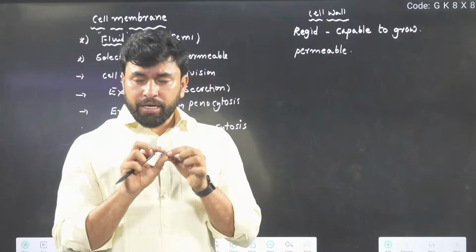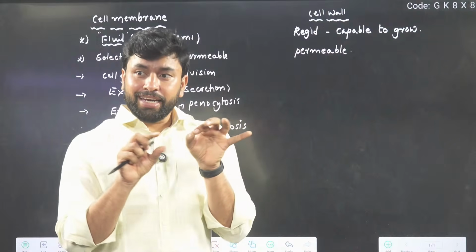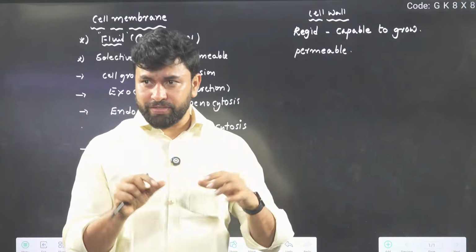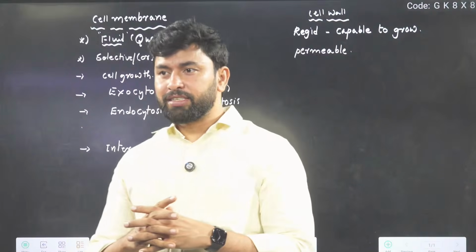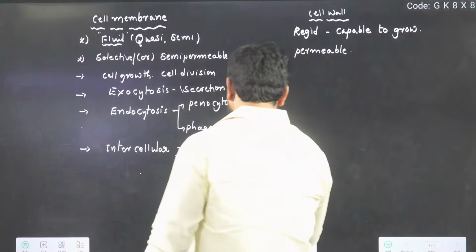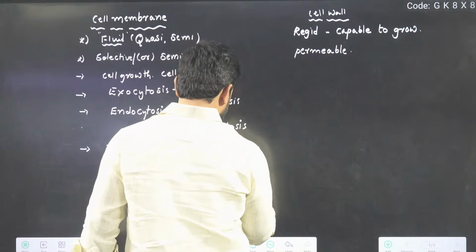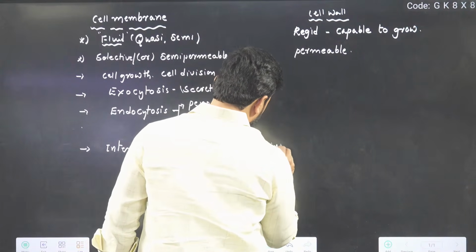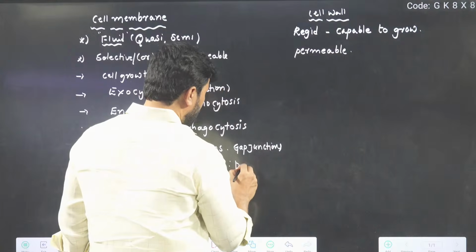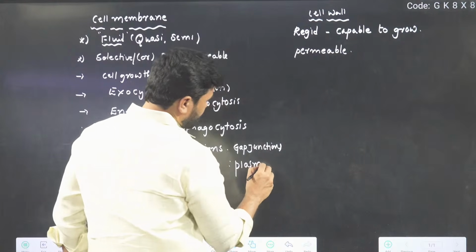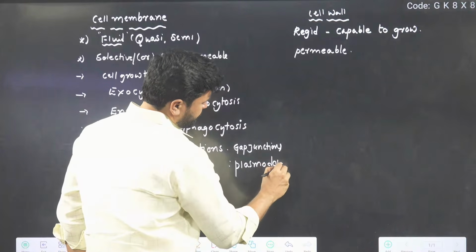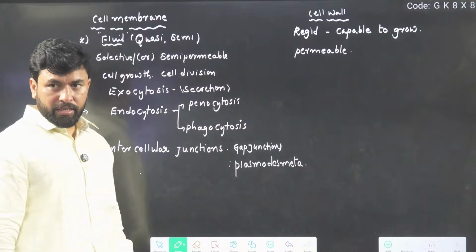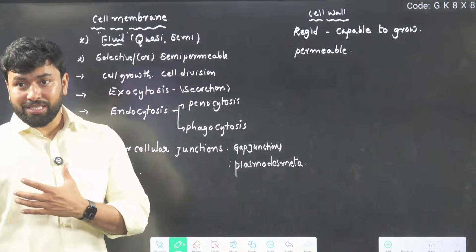That joining will make the two neighboring cells get connected in the form of small tube-like connections. Those tube-like connections, in animal cells, we call gap junctions. Variety of junctions are there. In plant cells, they are called plasmodesmata. Like that, formation of intercellular junctions.